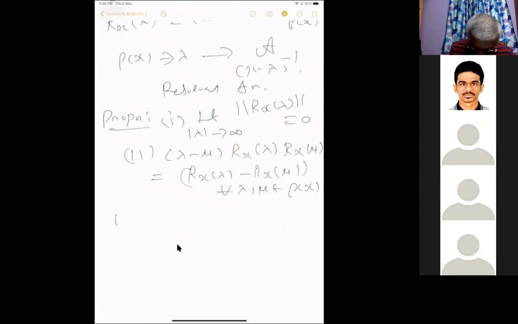The third one is that the map lambda going to Rx lambda is weakly analytic.